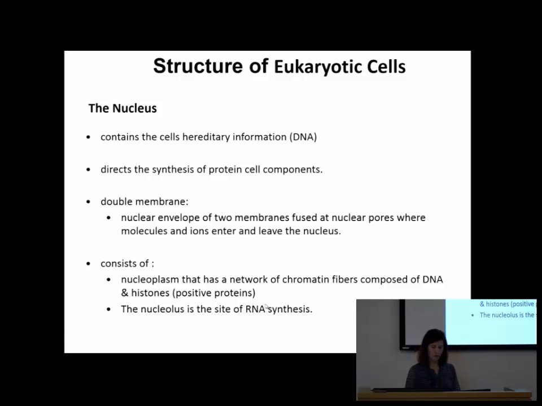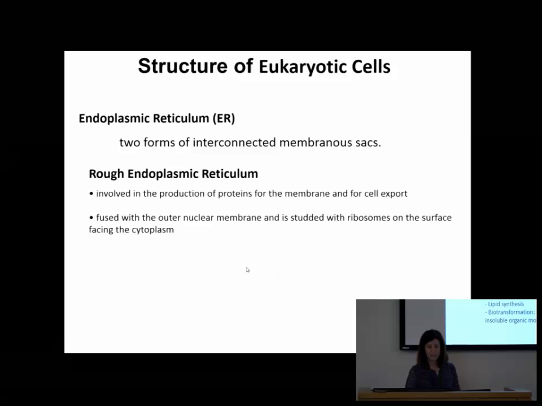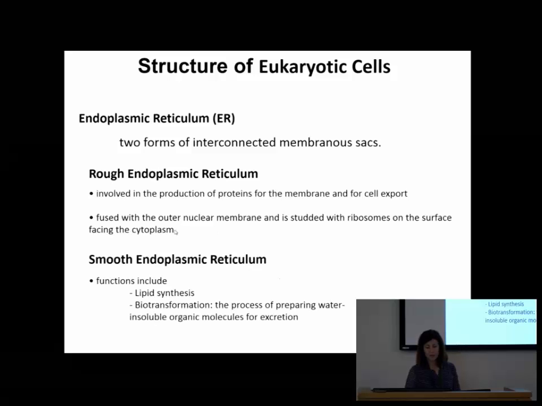All right, we have two forms of the endoplasmic reticulum, the rough and the smooth. The rough is where we are going to produce proteins, and the smooth is lipid synthesis. Again, what I want from you is just the main function of each part, which most of you probably already know, but just review that.